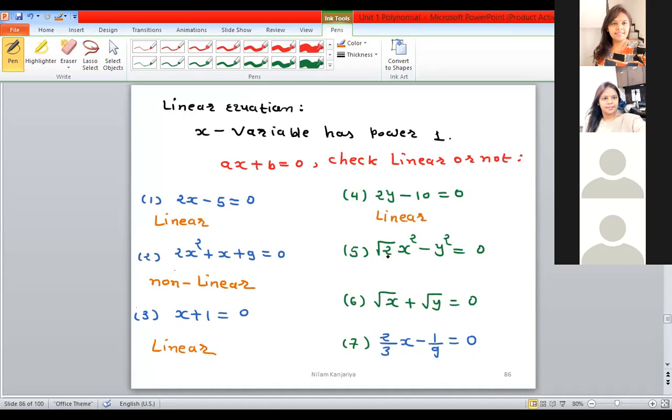Fifth is not linear because the power is 2. And six also. Why is 6 not linear? Yeah, because it has no power, it is roots. It's not power 1. It's non-linear. And last is linear. Very good.